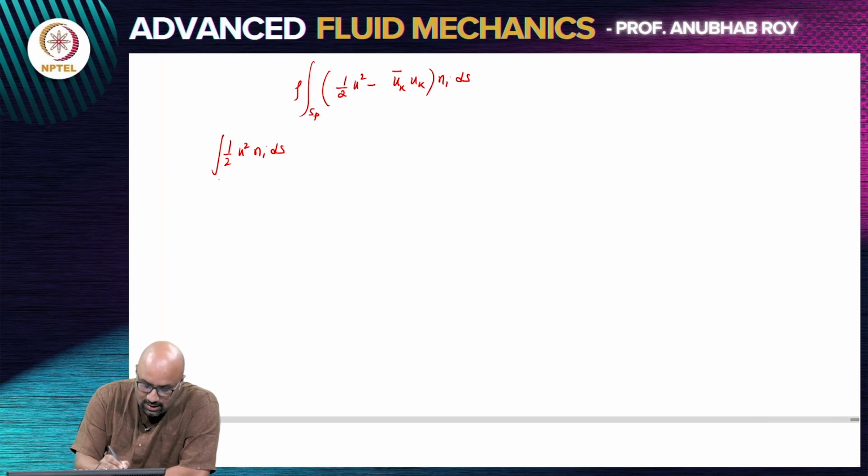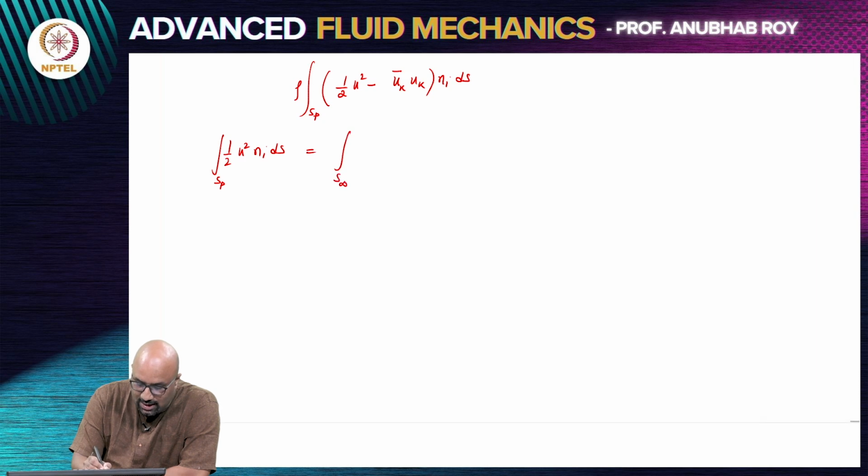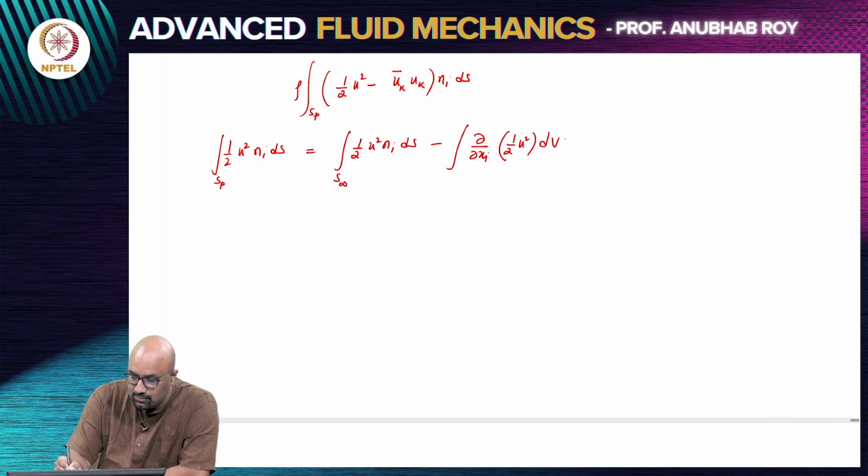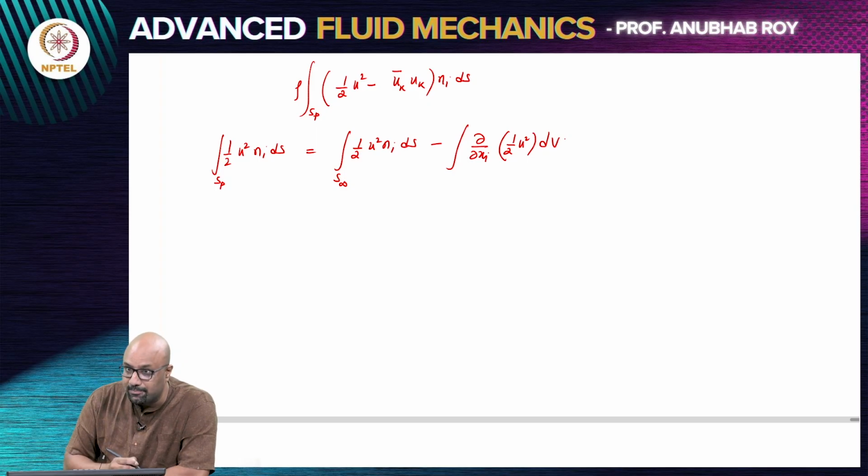All of these are over the body surface. I could write this now as an integral over the distance that is far away minus, and all that I have done is apply the divergence theorem.